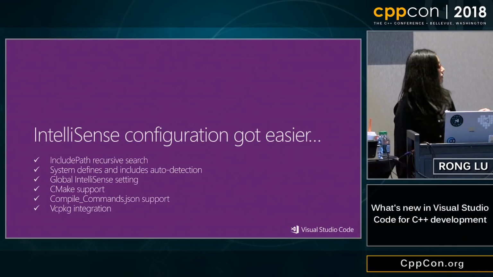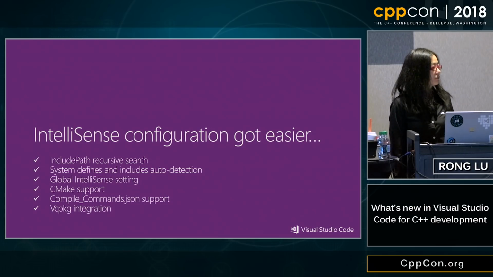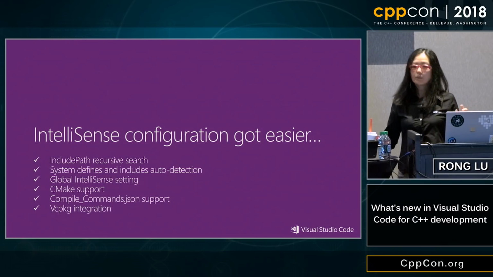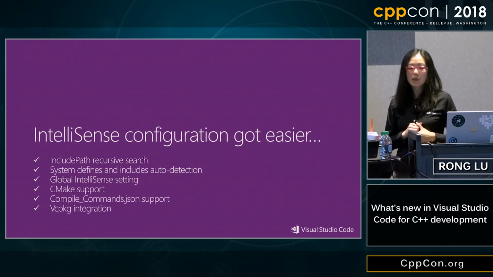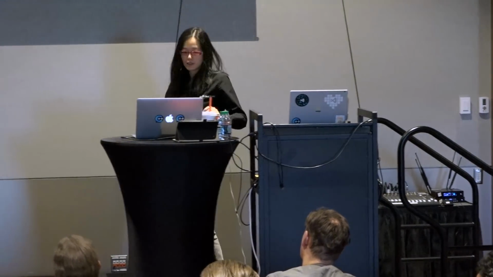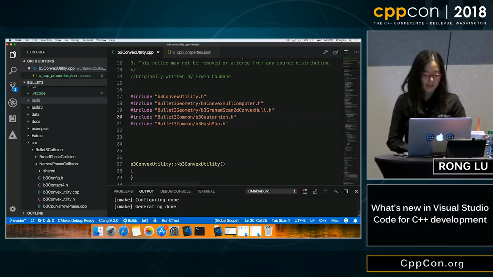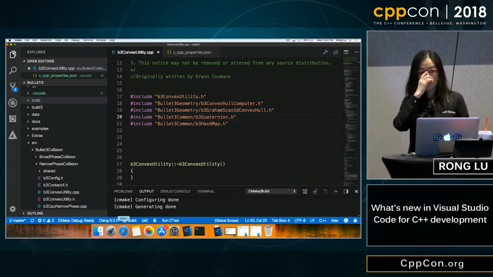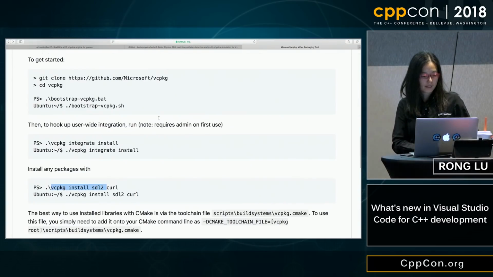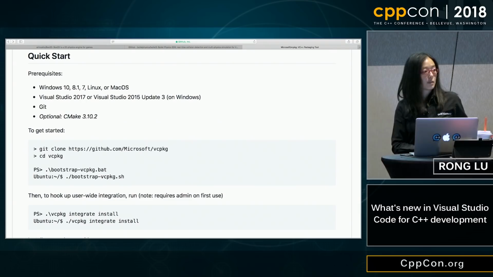Last but not least, vcpkg integration. How many of you have heard of vcpkg or used vcpkg? Okay, not too many, like 12-ish people. So vcpkg, let me switch back actually. vcpkg is a C++ package manager that runs cross-platform. It runs on Windows, Linux, and Mac.